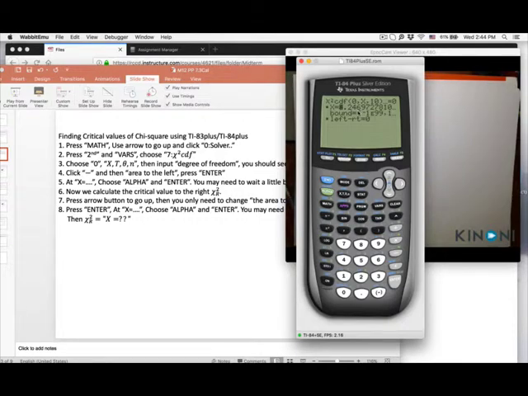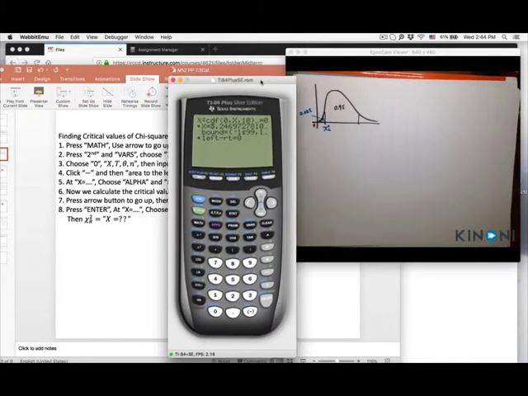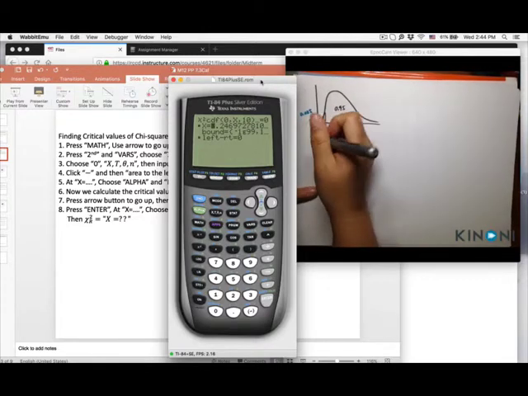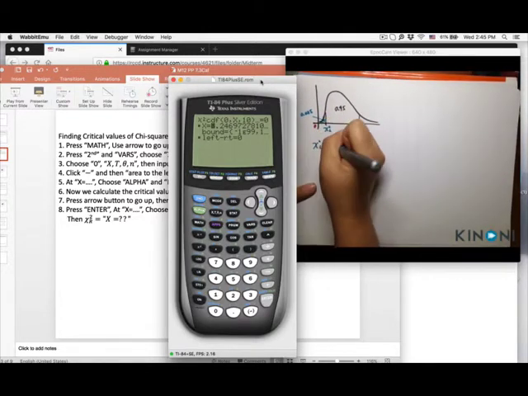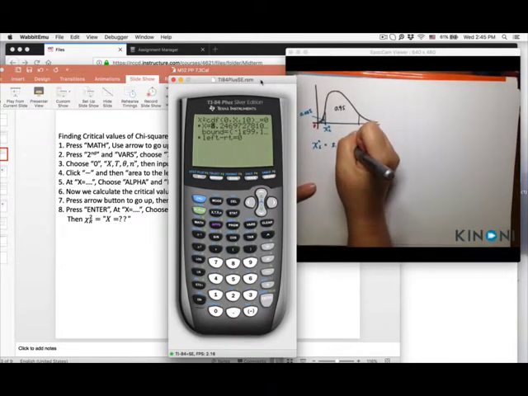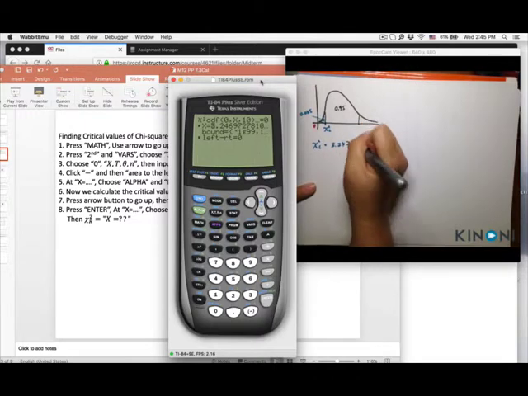That will be my critical value. Let's take one more decimal place: 3.247. So here, my chi-square to the left will be 3.247.